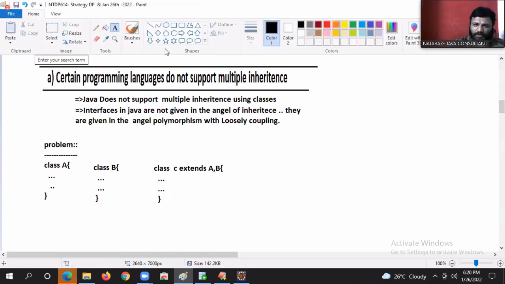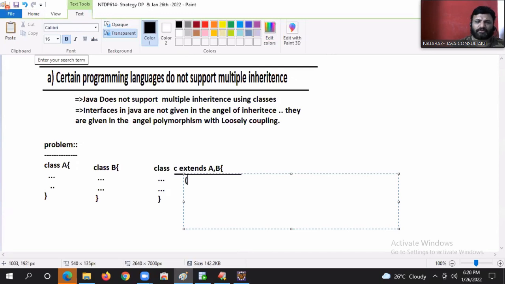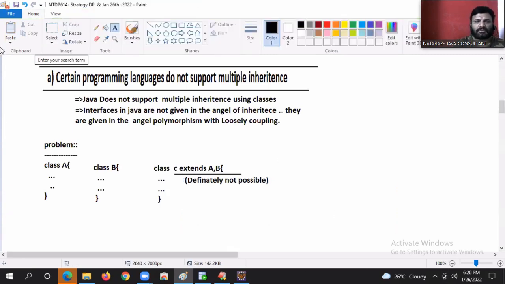Tell me, guys, possible or not possible? Definitely not possible. Class C extends A comma B is definitely not possible to do.